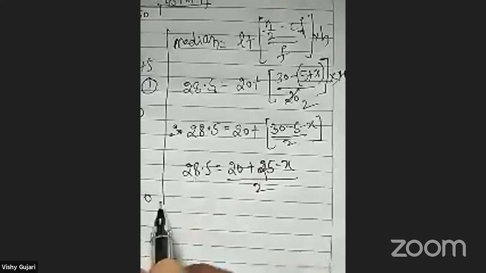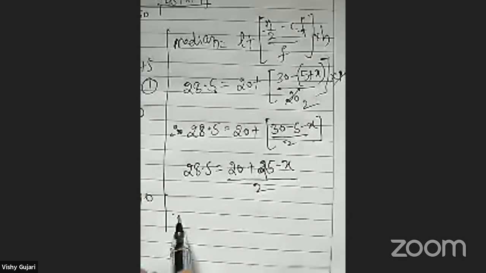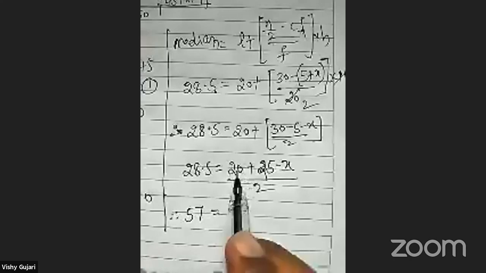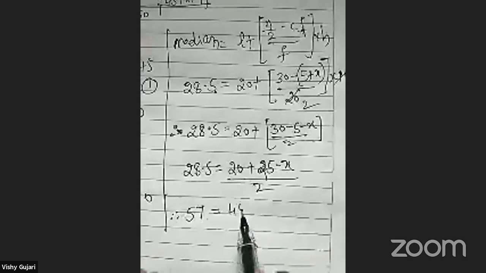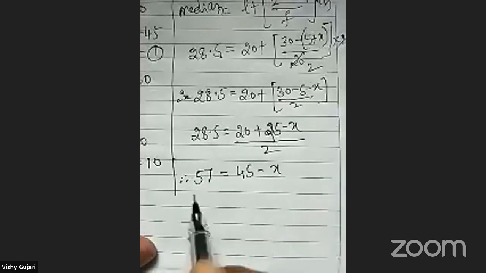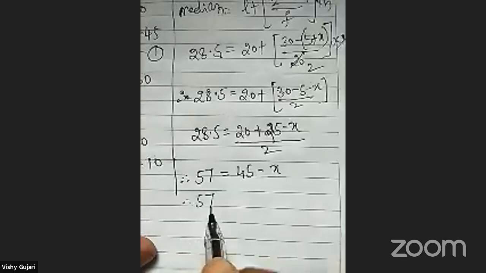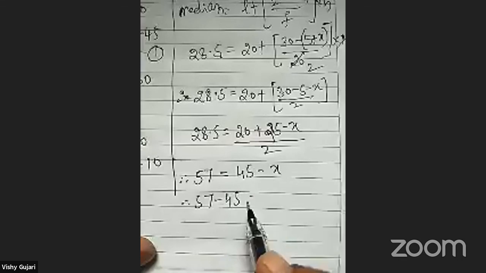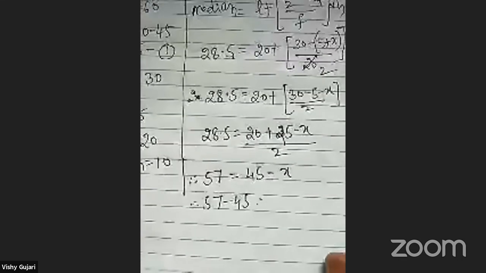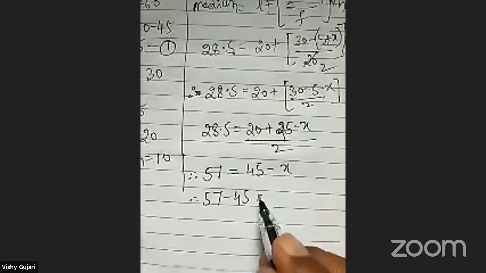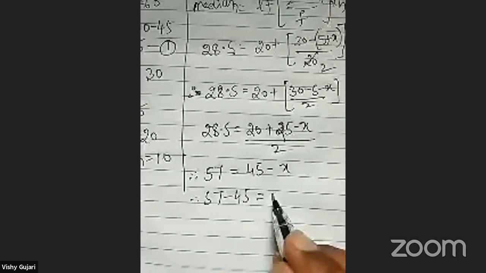Cross multiply, it will become 28.5 twos are 57 is equal to 20 plus 25, 45 minus x. Bring it to LHS. 57 minus 45 is equal to 12, sir. Minus x equal to 12.